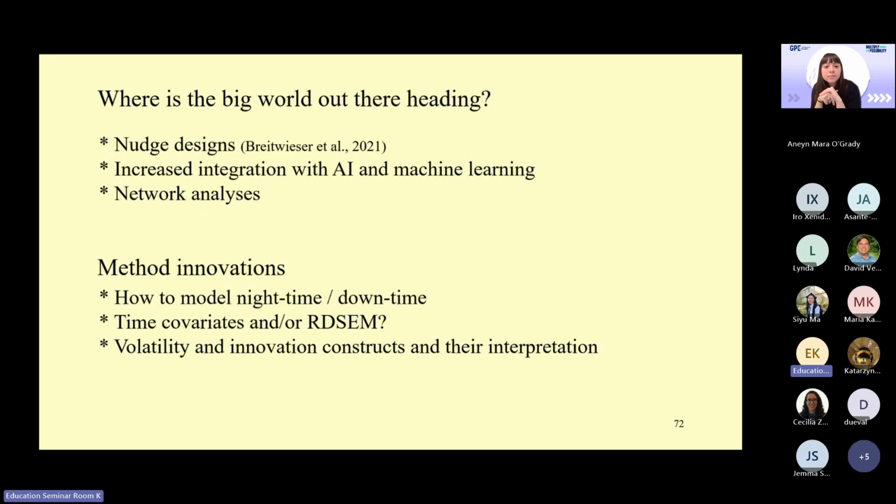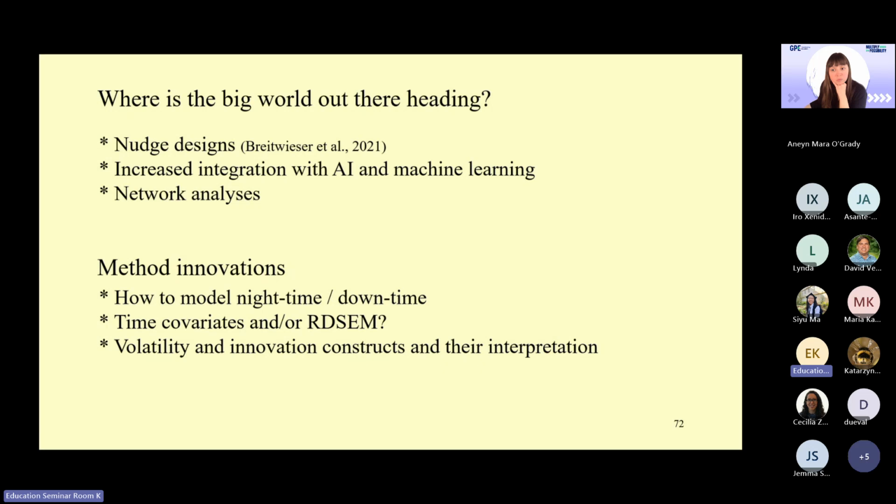So where's the big world out there heading? I mentioned nudge designs. There is a good example by Breitwieser and colleagues in Germany. These are university students who prepare for their medical doctor exams, a written exam in medicine. And it's a 2-month sequence of visiting a learning portal where they have previous medicine tasks to carry out.